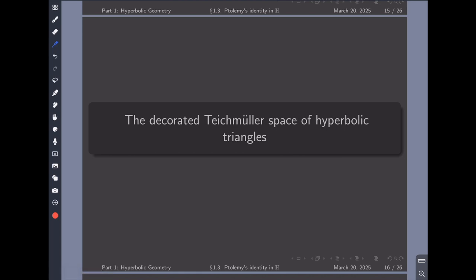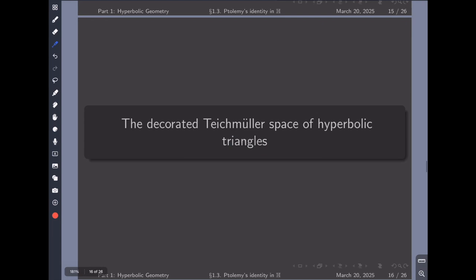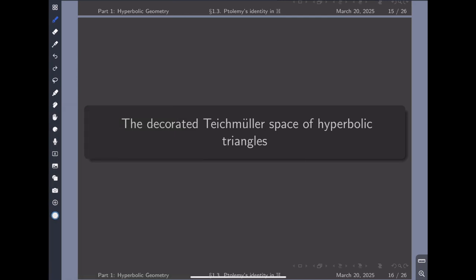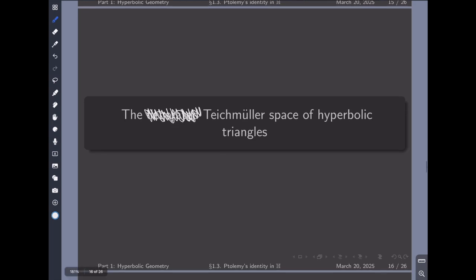Now this is not decorated. This is just the Teichmüller space of triangles. This is very boring, and it's just to make a point.